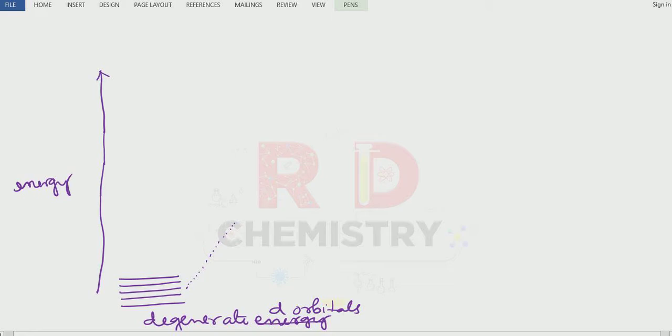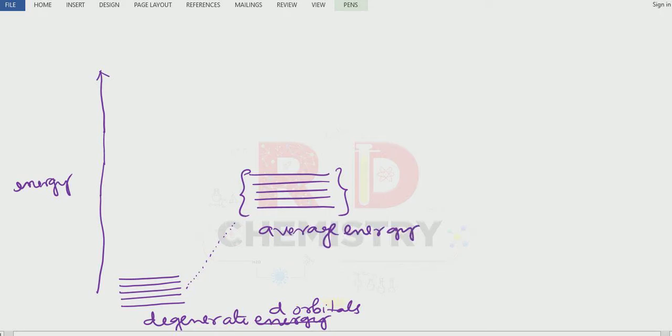So now the energy will increase compared to the initial. The 5 types will now have more energy. This is the average energy. Some will repel more, some will repel less, so we take the average. Let the average be somewhere here, and this is known as the barycenter.